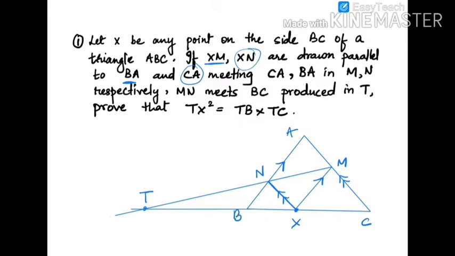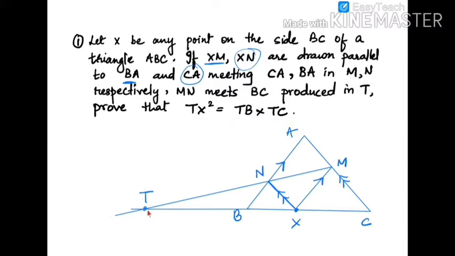TB is part of side TX of triangle TMX, and TC is the side of triangle TMC. So this means that we have to choose two triangles here in which we can apply the basic proportionality theorem, and these triangles should contain these as sides.